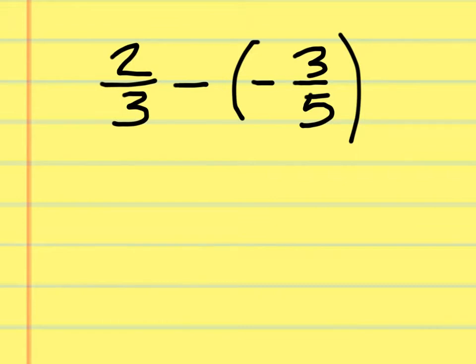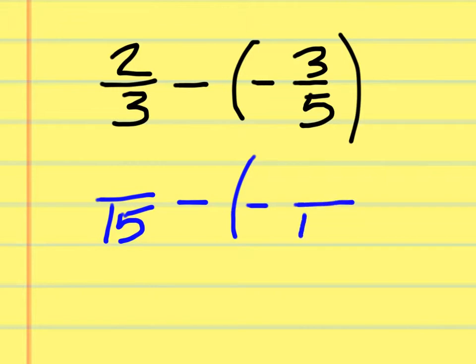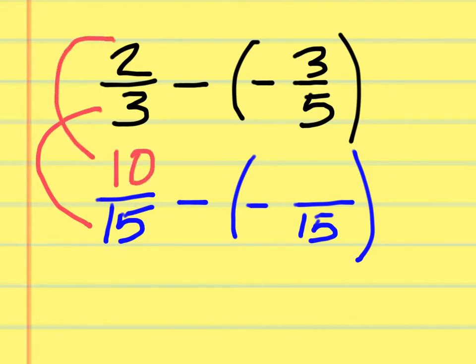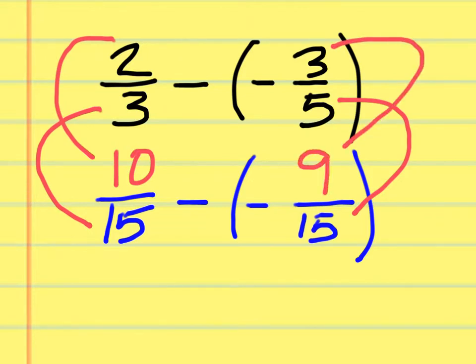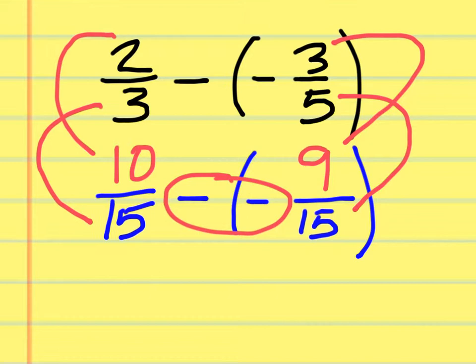The common denominator is 15. Three times 5 is 15. 2 times 5 is 10. 5 times 3 is 15. 3 times 3 is 9. Don't forget this becomes a double negative.